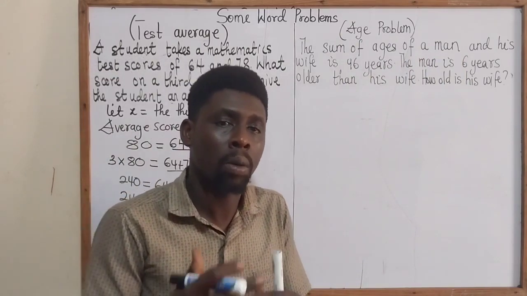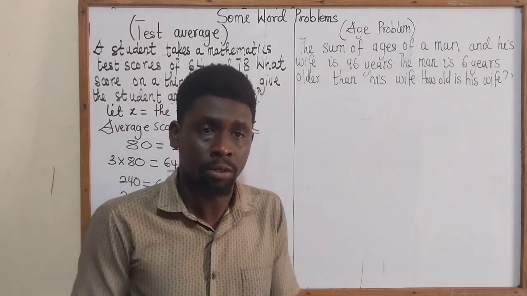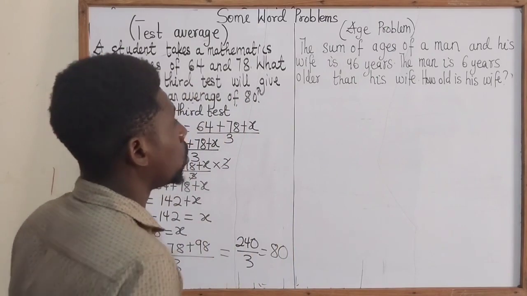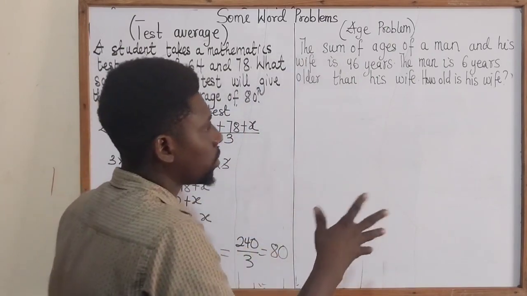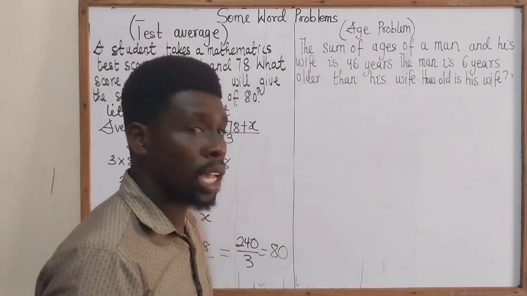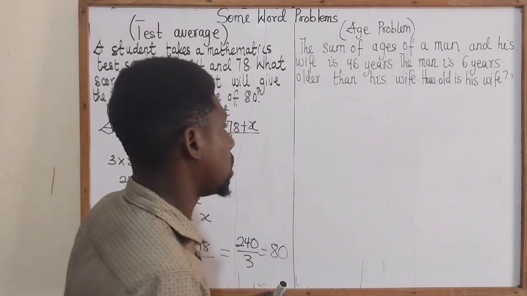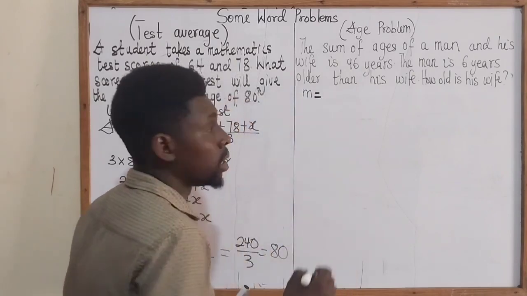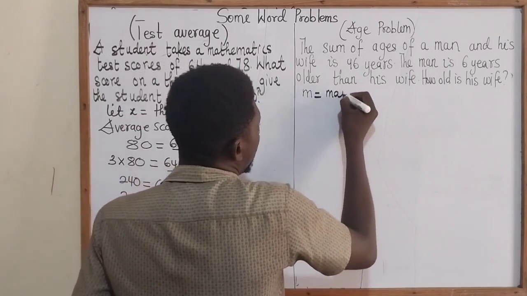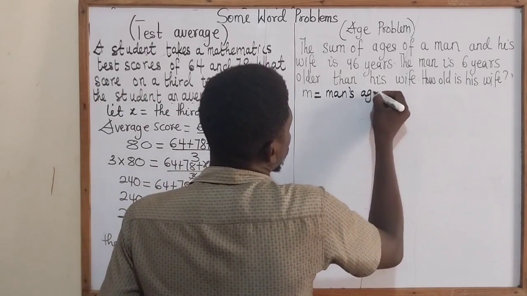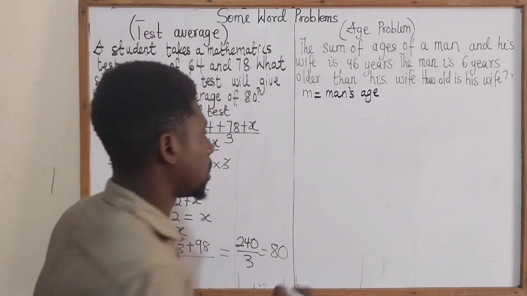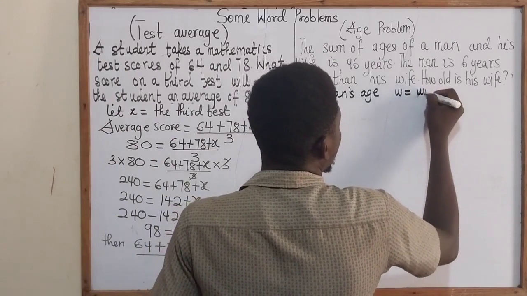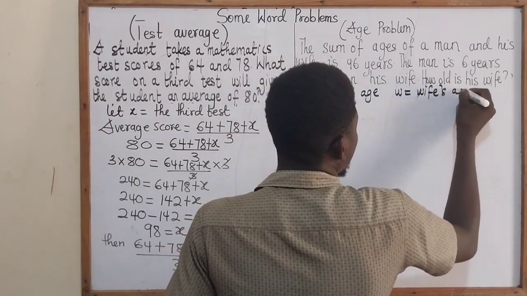So now let's look at how best we can change this verbal sentence into a mathematical statement. All right, so if the sum of ages of the man and his wife is 96, but we don't know their individual ages, then we can say let M equal the man's age, all right? And we say let W equal the wife's age.